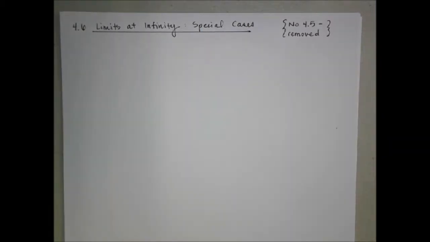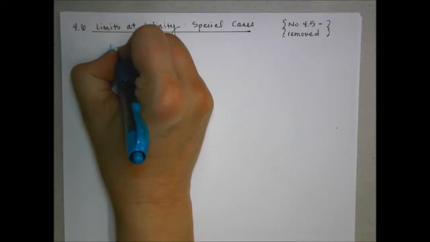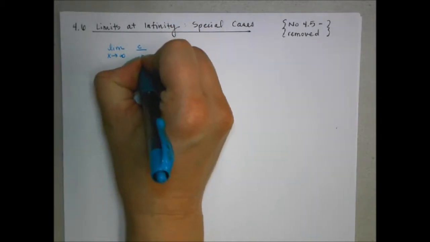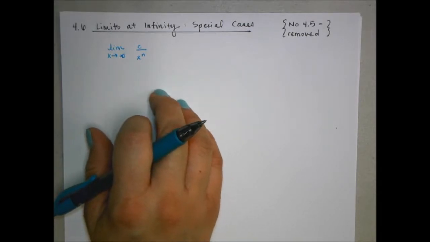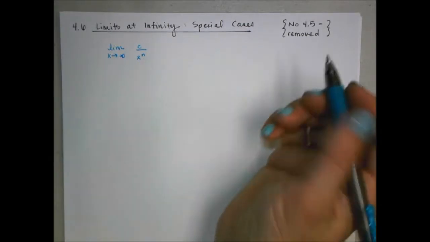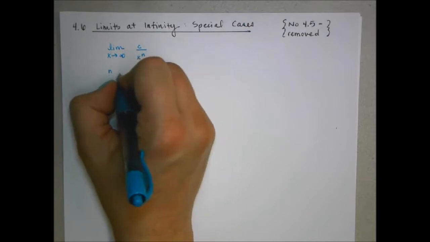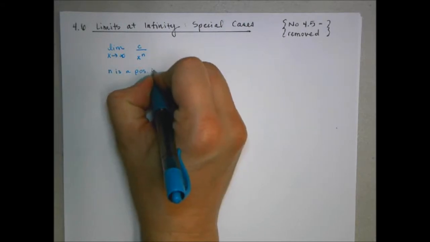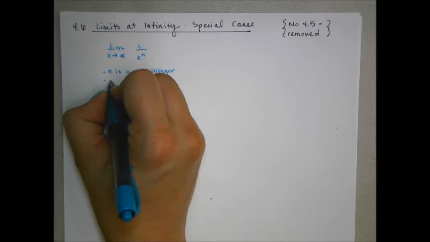But I'm going to start by reminding you about limits at infinity. So when you were introduced to limits at infinity last year, we talked about when n is any power of x that is a positive integer, and c is just a constant.